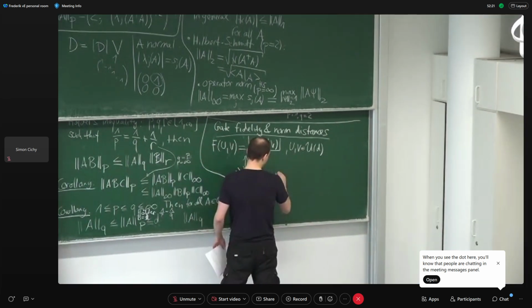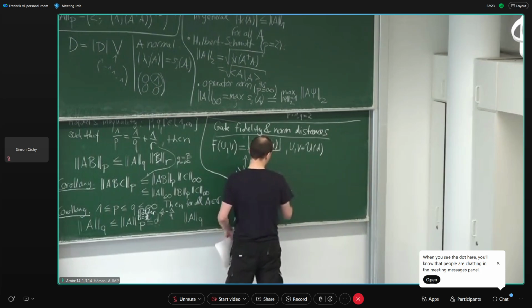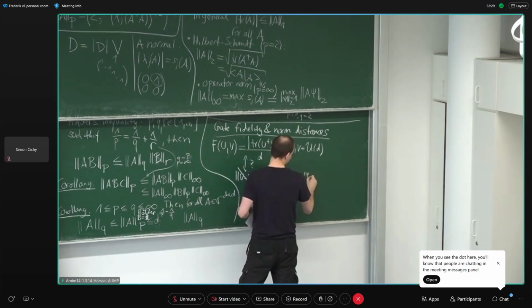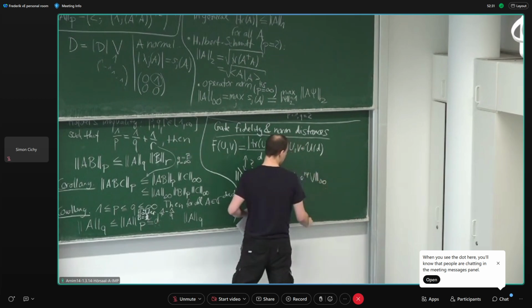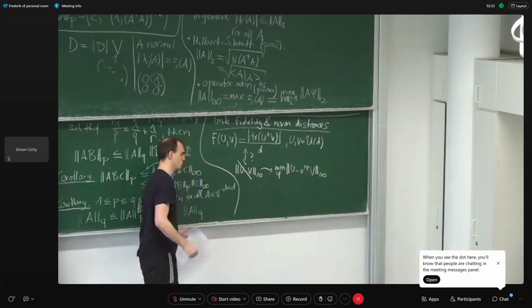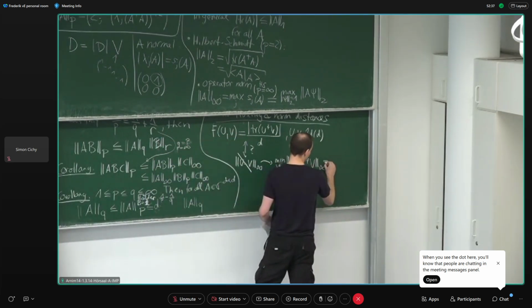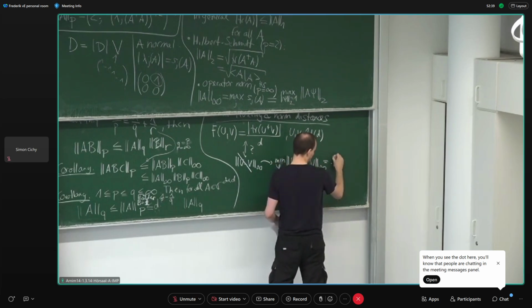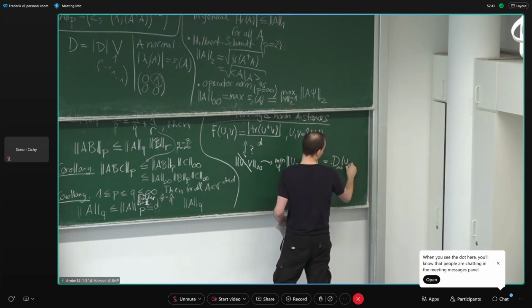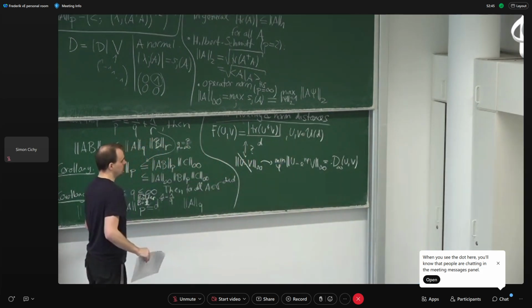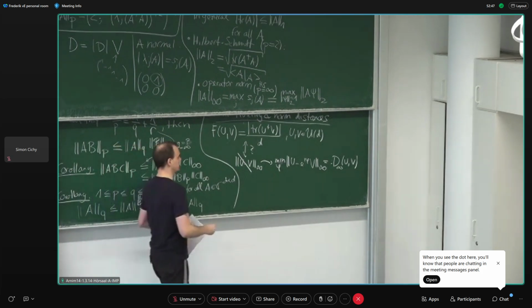So actually what we should do is also mod out global phase factors. Just to give this a name, let's call this D infinity, U and V, where phi is real. Yes.